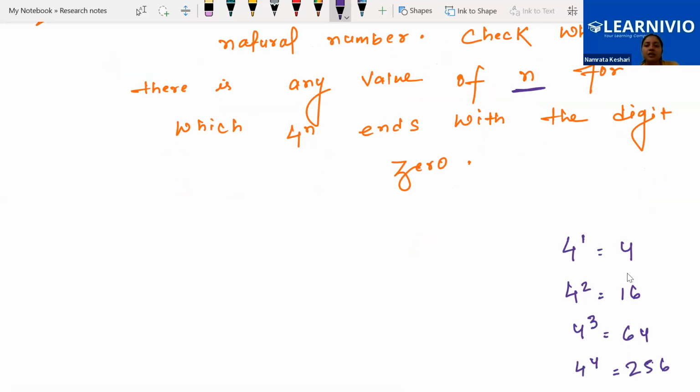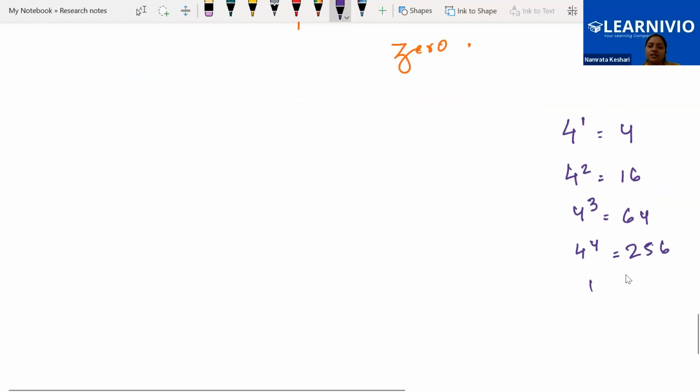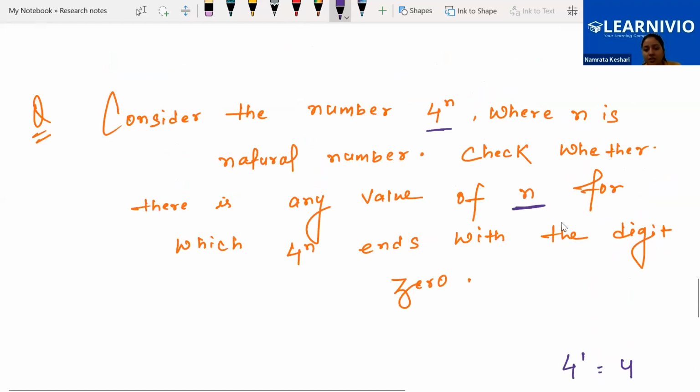Similarly, what is that 4 to the power n where the last digit, that means it ends with the digit 0?